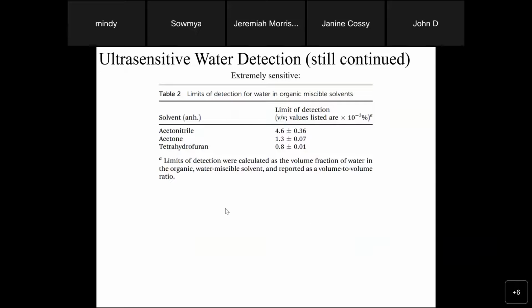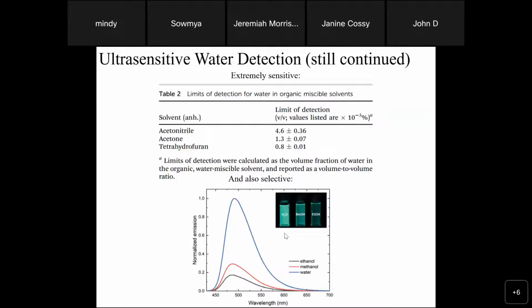We looked carefully at quantifying how sensitive this system was for water, and found that our limits of detection were as low as 0.8 times 10 to the minus 3 percent of water inside tetrahydrofuran using our copper bimane cyclodextrin system.